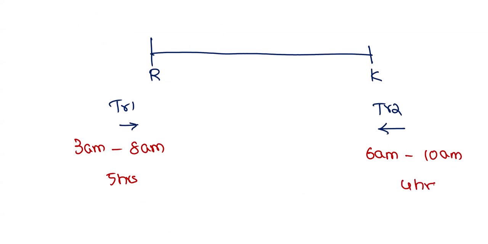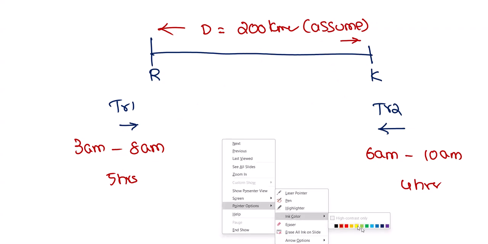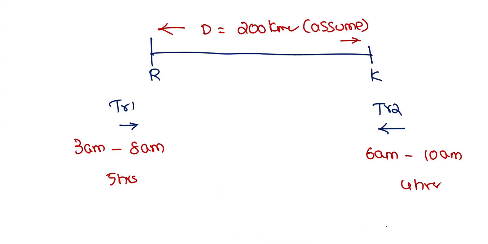So I can assume the distance is 200 kilometers. Why 200? Because it should be divisible by 5 and by 4. I'm assuming the distance, instead of x kilometers, some value, 200 kilometers. Now train 1 should travel 200 kilometers in 5 hours, which is 40 kilometers per hour.